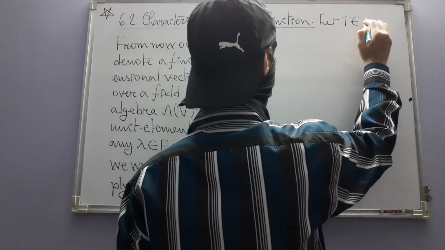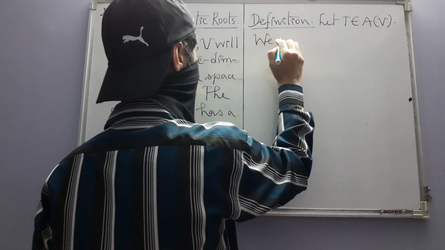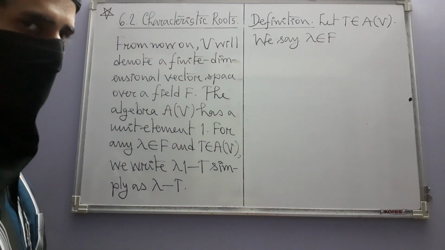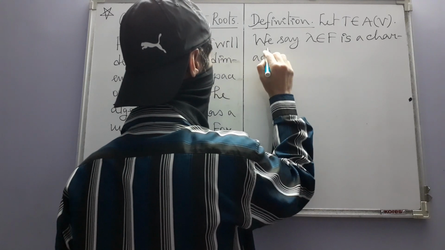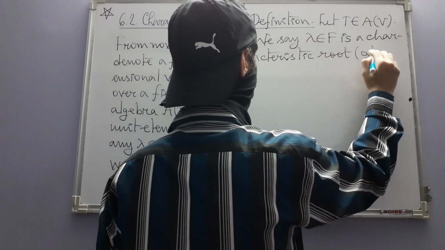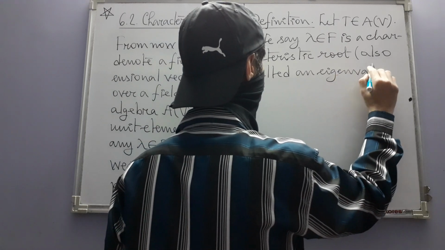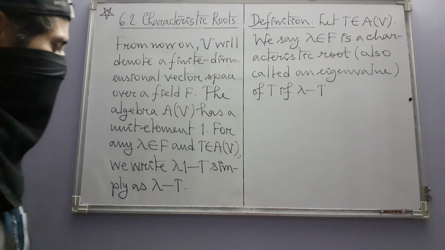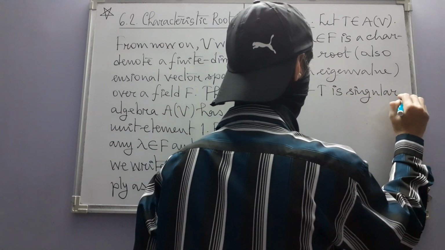Let T be an operator on V. We say that the scalar lambda, of course it's going to come from the underlying field F, is a characteristic root, also called an eigenvalue of T, if lambda minus T, that is this operator, is singular.